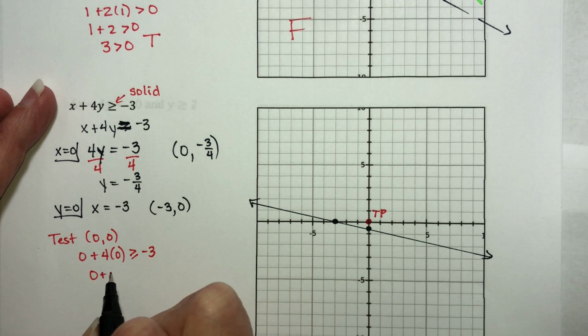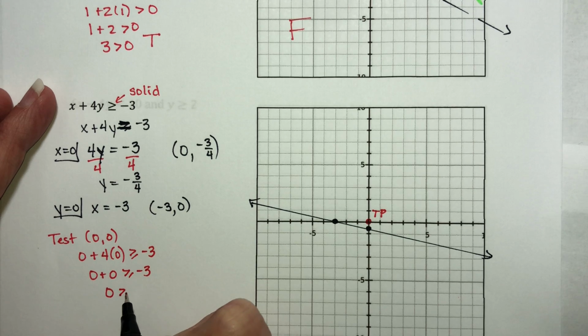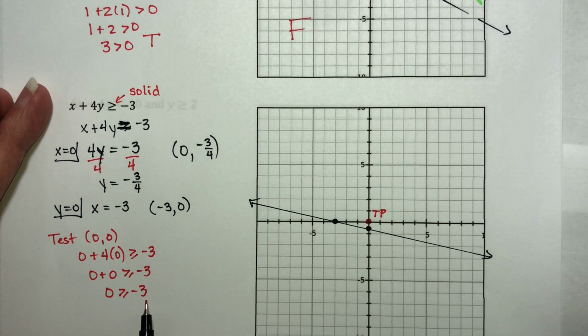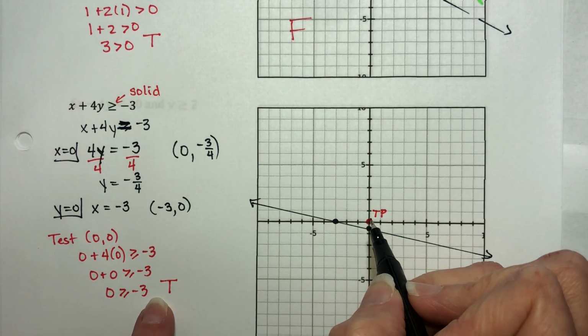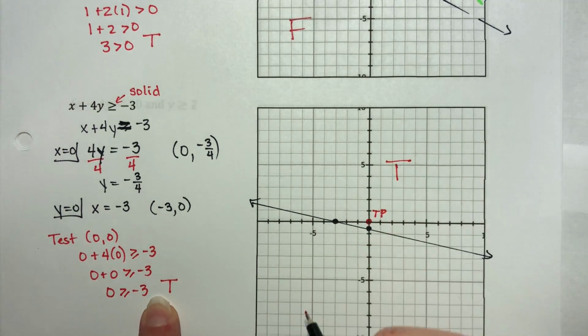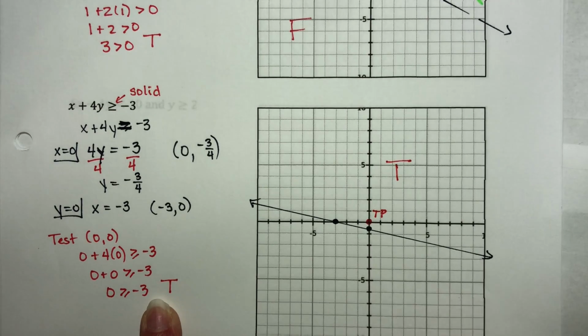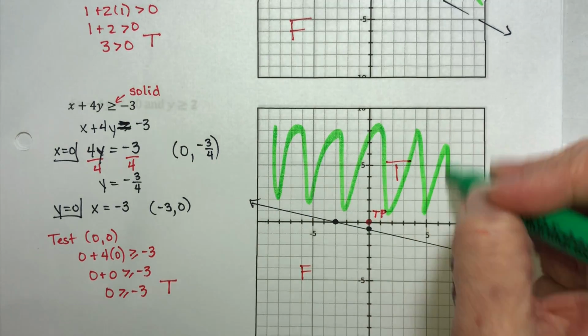So 0 plus 0 is greater than or equal to negative 3. 0 is greater than or equal to negative 3. 0 is always bigger than a negative number, so this is true. This was my test point, and I tested it and it was true, so that means the side it's on is true. So this whole side of this line must be true, this side must be false, and you shade the true side.